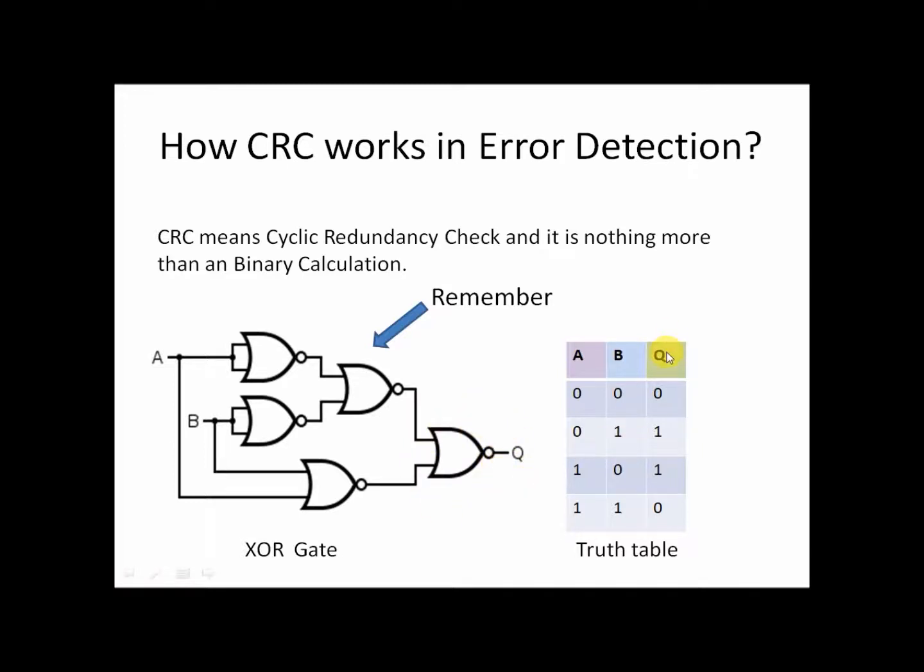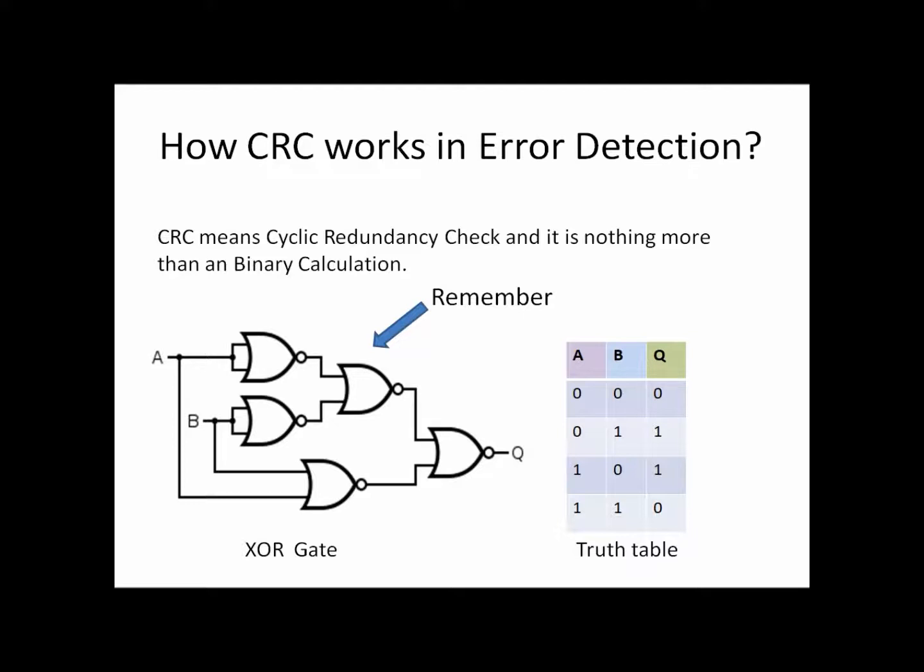So after this, the truth table is as follows. For input 0 0 you get 0, for 0 1 you get 1, for 1 0 you get 1, and for 1 1 you get 0. So you get output 0 when the inputs are the same.